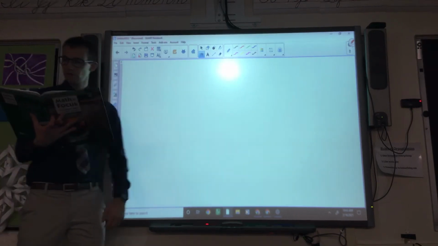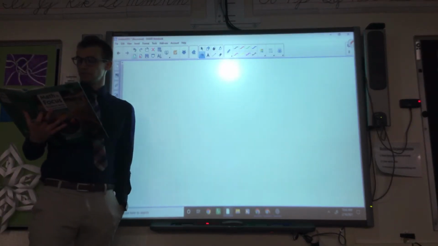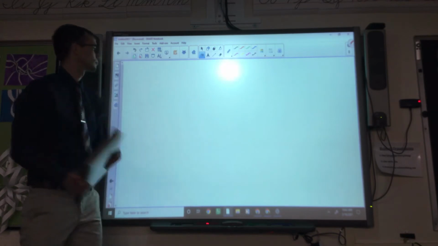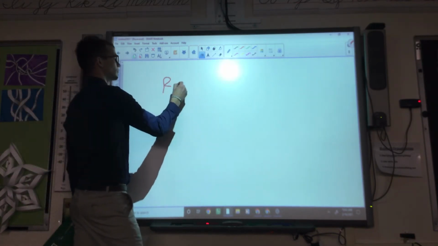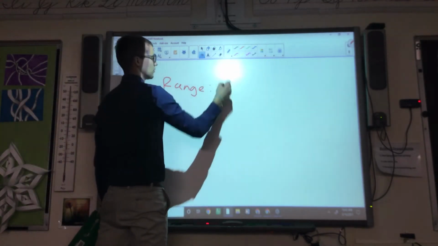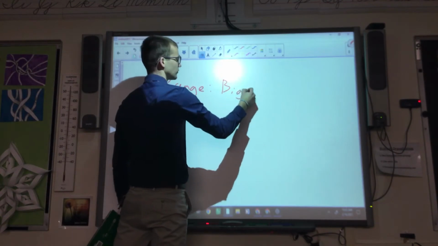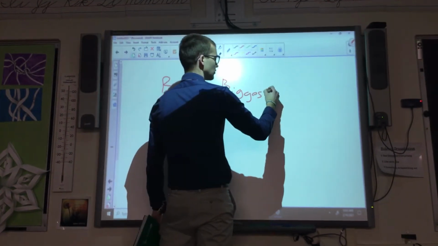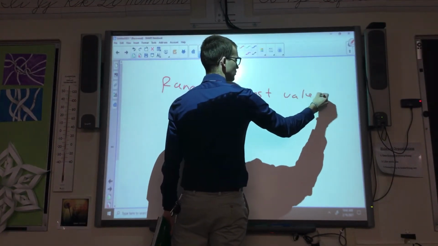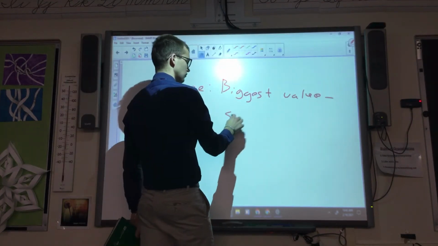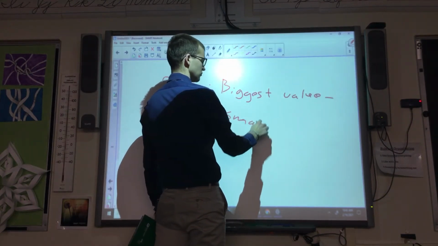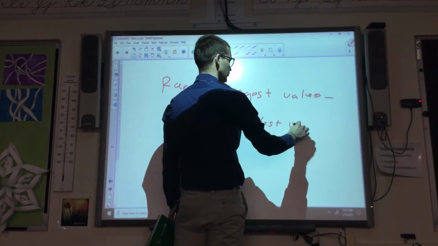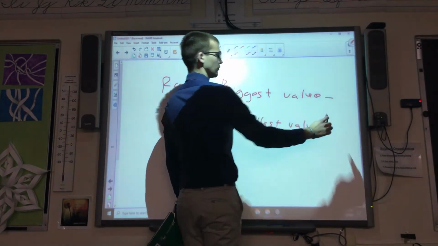183 then basically says understand range. Range is very simple. Biggest value minus smallest value.